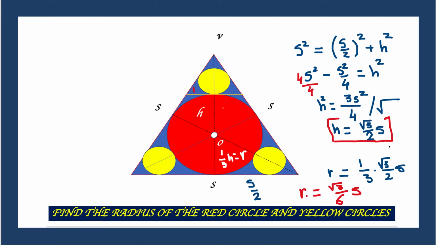According to the corresponding angles, this angle and the angle on the left side of the triangle are the same. And at the top, for both the small triangle and the big triangle, the angle is the same.